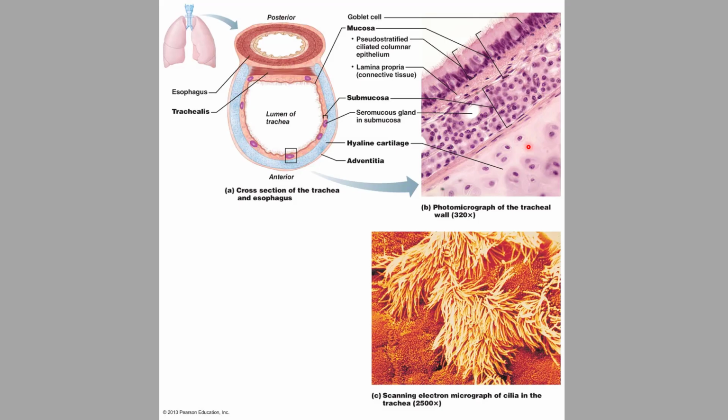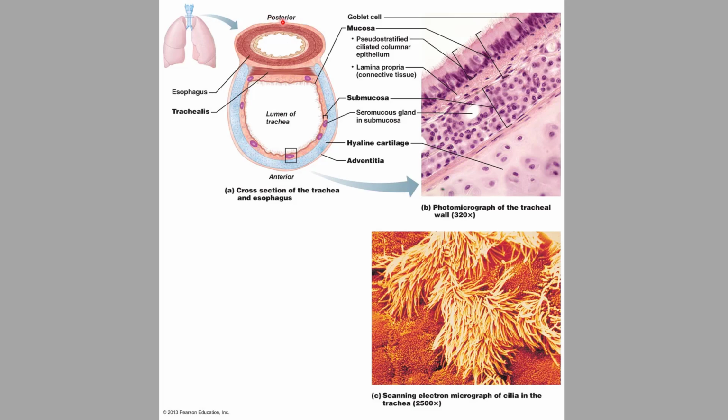All right, so now instead of a cross section, we are looking down into the throat. Here is the front of the neck throat area. Back here is the back of the neck throat area. So here is the edge of the trachea, the windpipe.